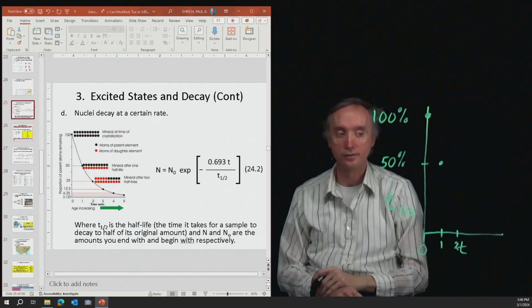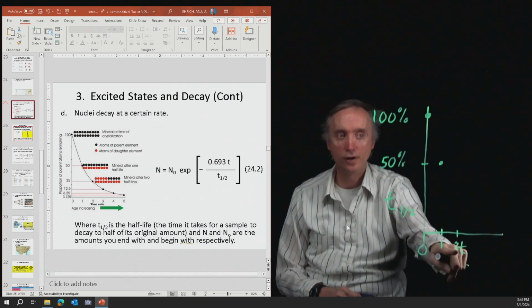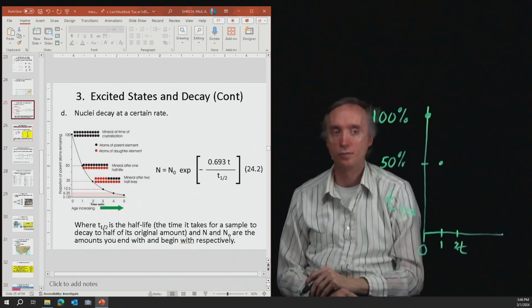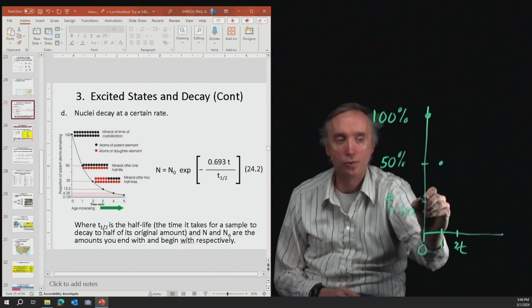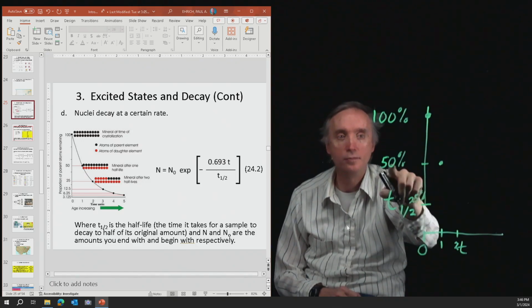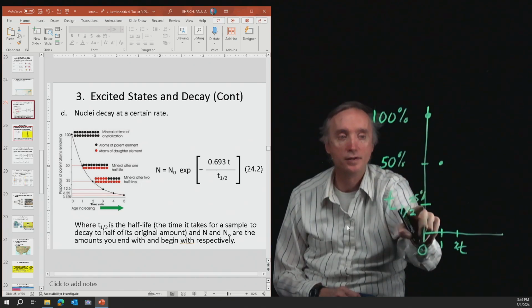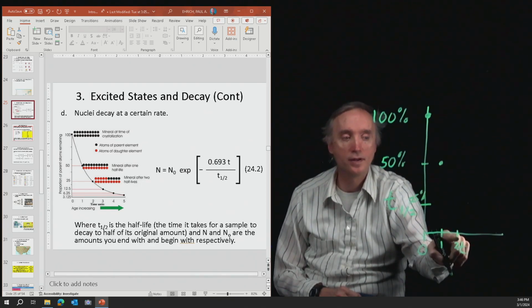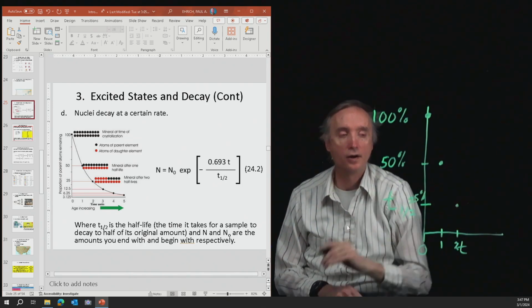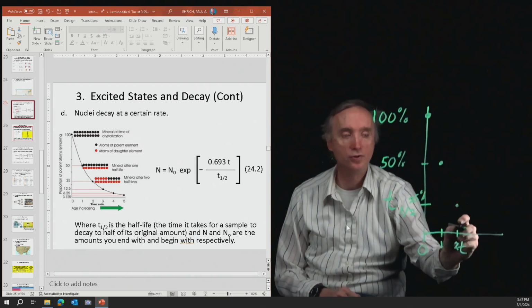No, that's not right. So at the end of two half-lives, it's 50% of 50%. So what would that be? That would be 25%. So down here somewhere, this is going to be 25%. 50% of 50% is 25. So at the end of two half-lives, we're going to be right there. And so you do the third one.